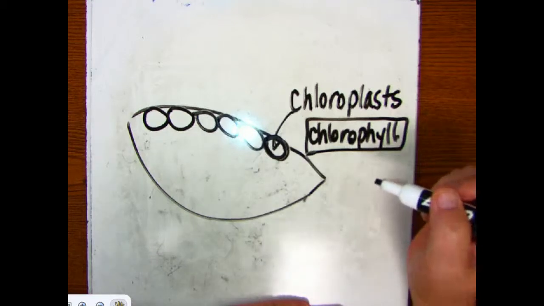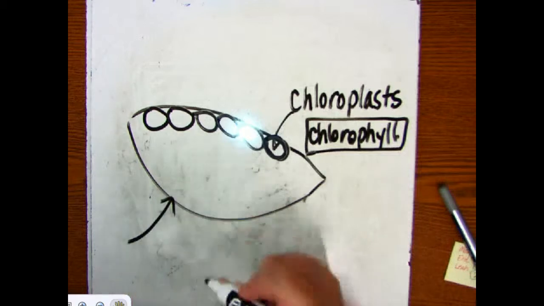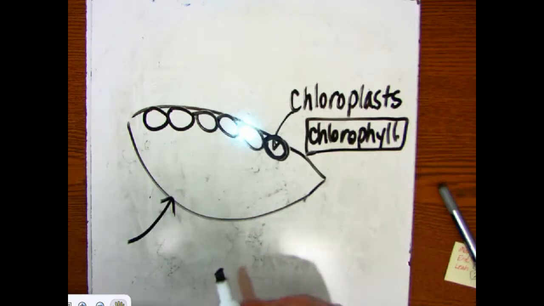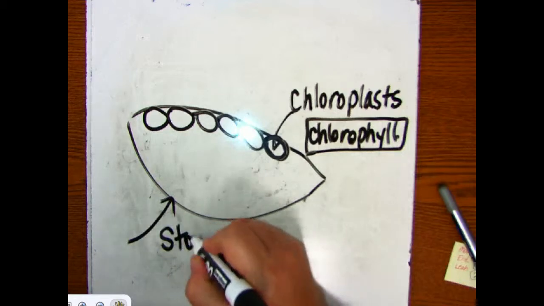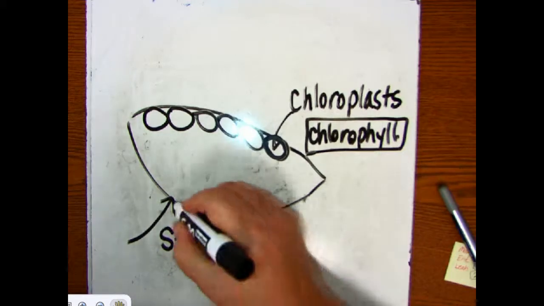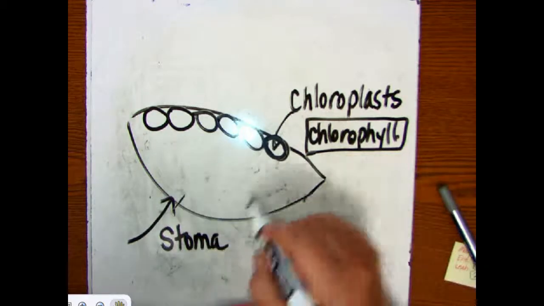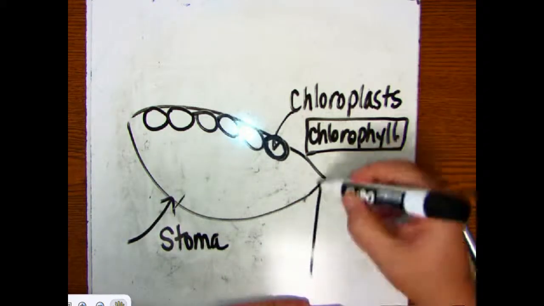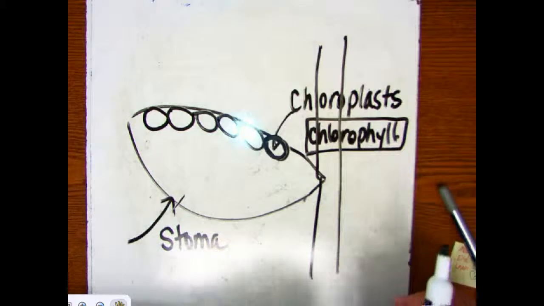The next thing that you need to understand is that plants take in carbon dioxide through the underside of their leaf, generally through a little hole called a stoma. There are little tiny holes at the bottom, and the gas can come up through those holes and into the leaves. The next thing you have to understand is the other functions of the plant.